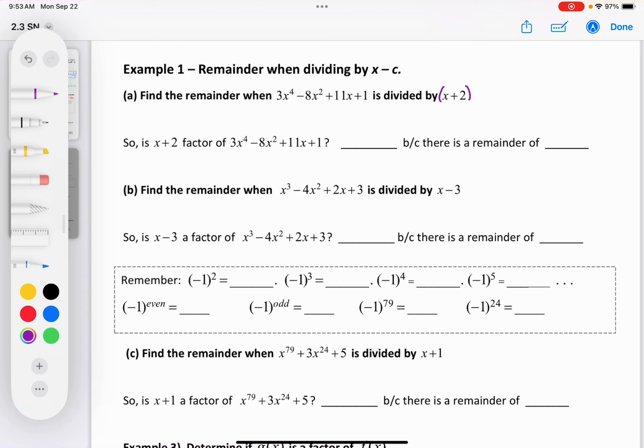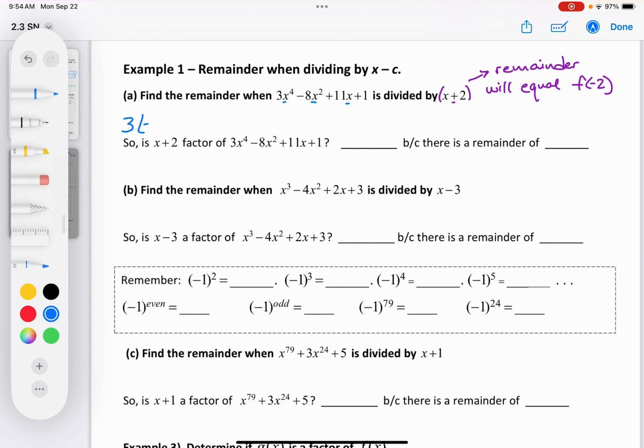If it's divided by x plus 2, the remainder will equal f of negative 2. Okay, and notice those signs are always changing right there. The signs are always going to be opposite, so make sure you're keeping up with that. But what this is saying is I should be able to plug in a negative 2 everywhere there's an x, and it should match my remainder. So let's try that out.